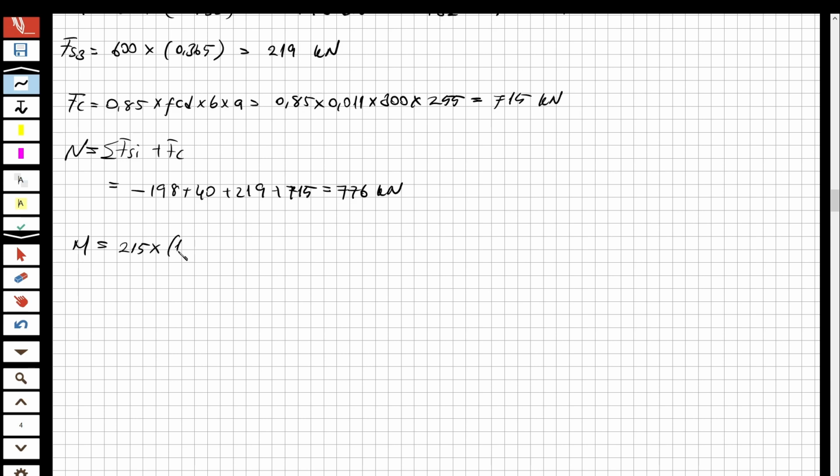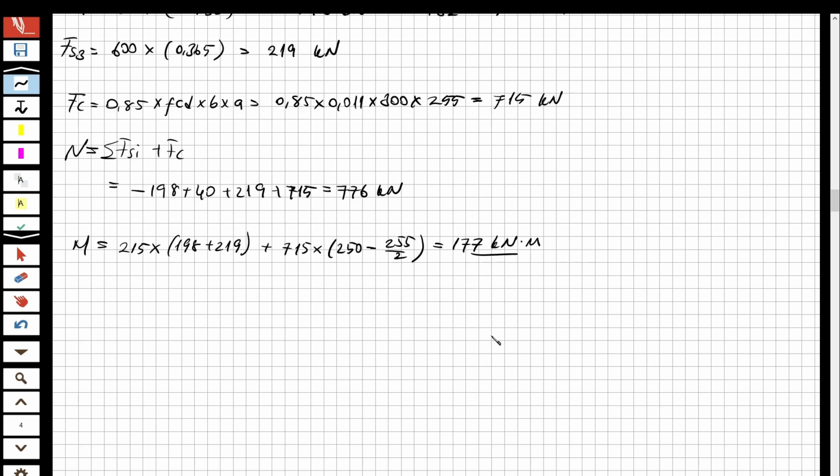So 198 plus 219 and plus 715, multiplied by 250 minus 255 over 2, and this is going to be equal to 177 kilonewton meter as the moment.